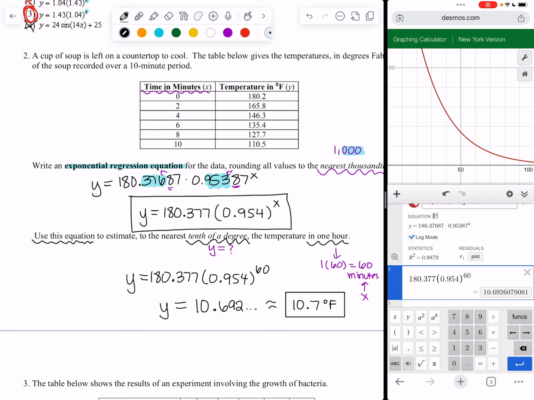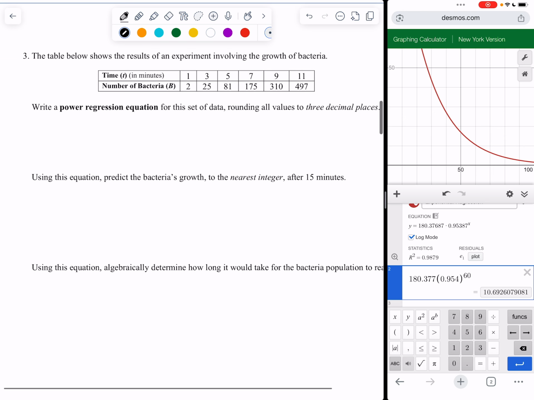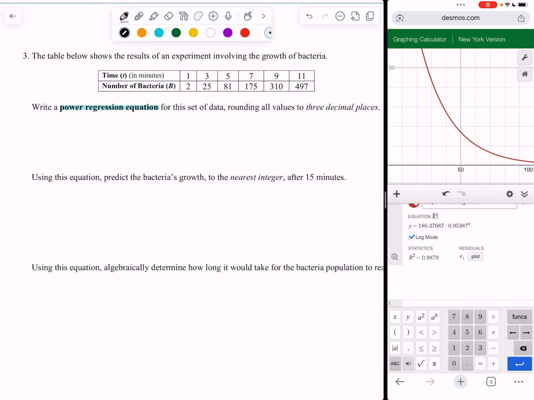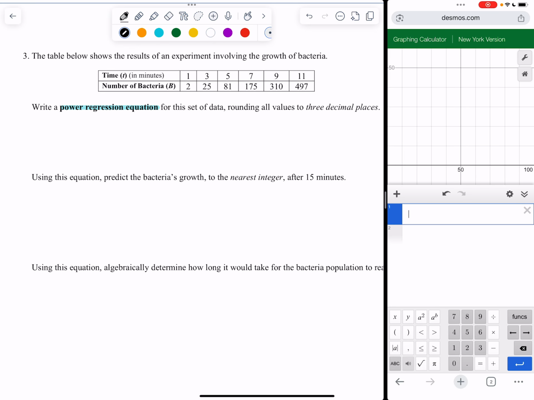Okay, and then we're going to just take a look at one more question. The next question involves information given to us where we're looking at the growth of bacteria over time in minutes. And for this question, we're being asked to write a power regression. So when I go to type my data into my calculator, I just will choose the other choice.